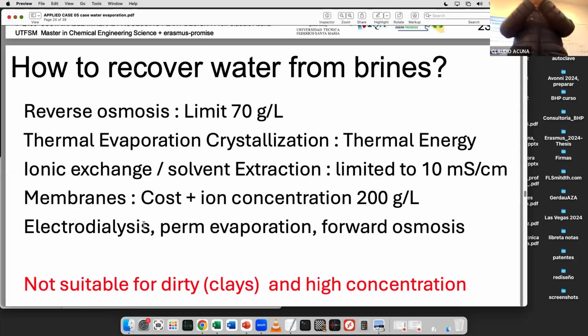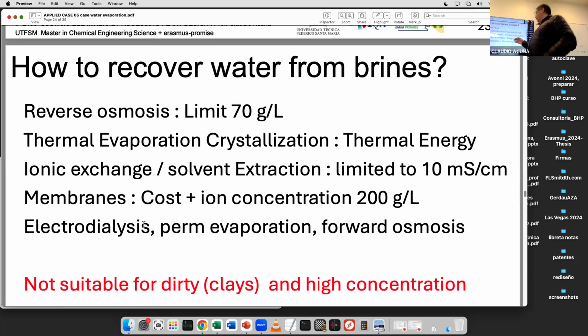Because you have the same membrane, but you put in contact very high concentration brine with water and ammonia. In this phase, you have 70,000 ppm of ions, and here you have 200,000 with water and ammonia. And then you have osmosis. Water will go to the higher concentration easily.